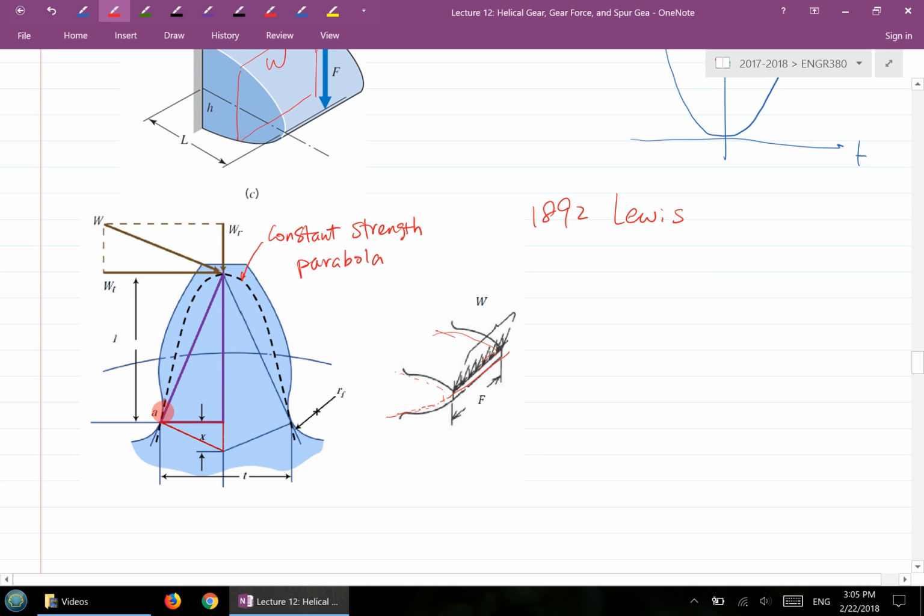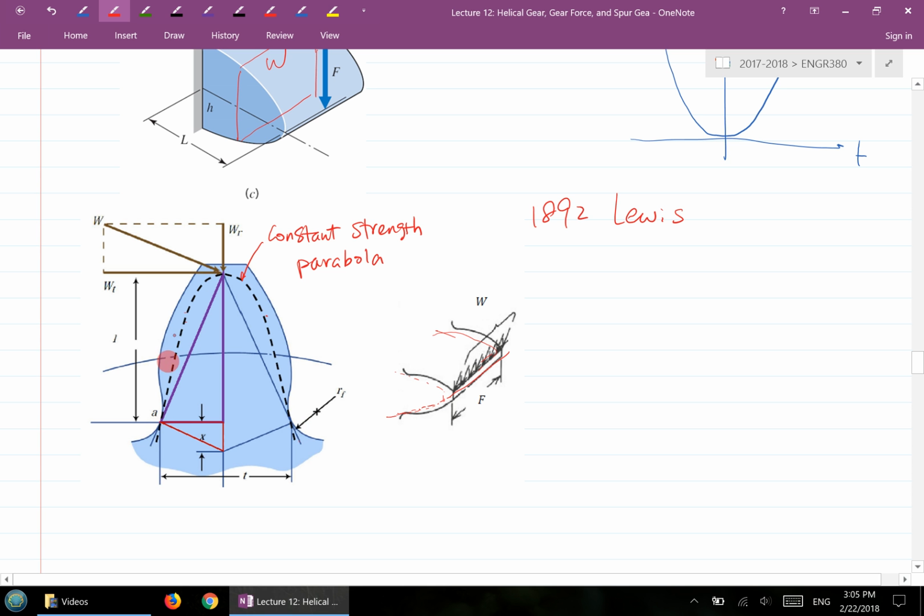You can inscribe a parabola here, and for any location along this parabola you get a constant strength, basically constant normal stress. And that parabola is tangent to the root location of the gear tooth.